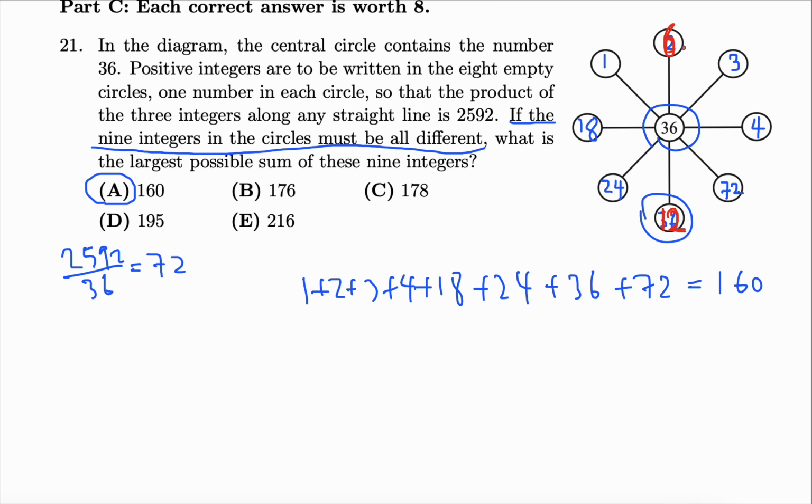So then if we have these numbers, which are all different now, and we add them up, 1 plus 6 plus 3 plus 4 plus 18 plus 24 plus 12 plus 72 is going to be 140.